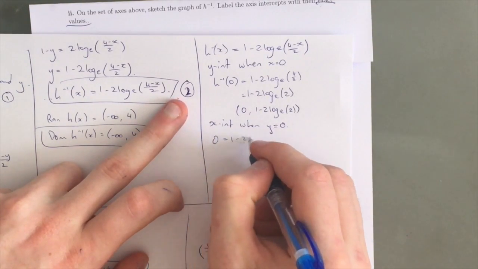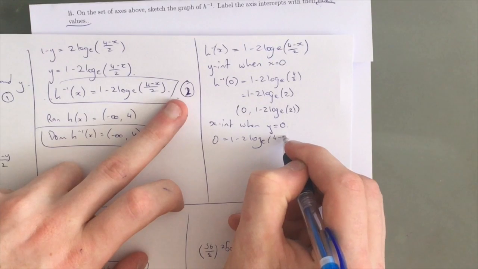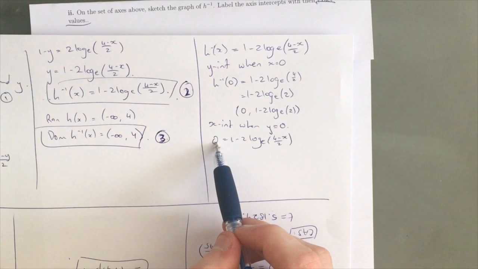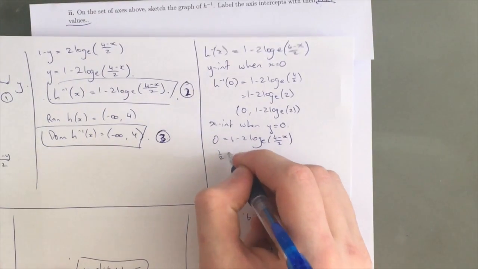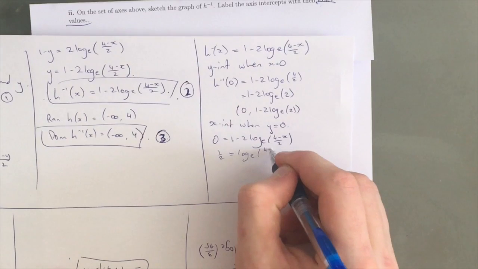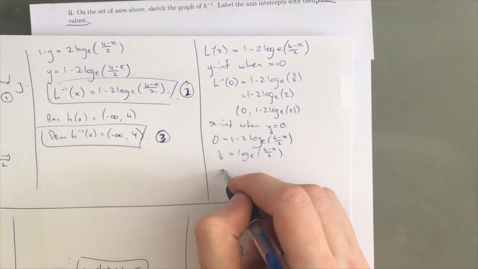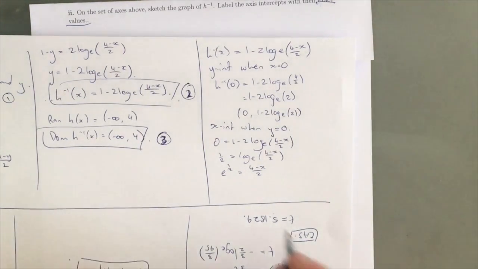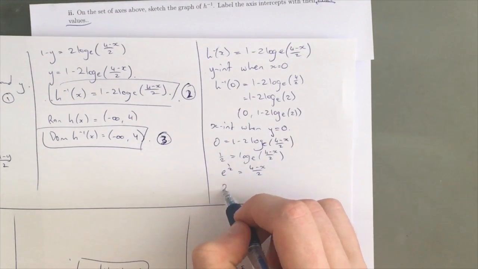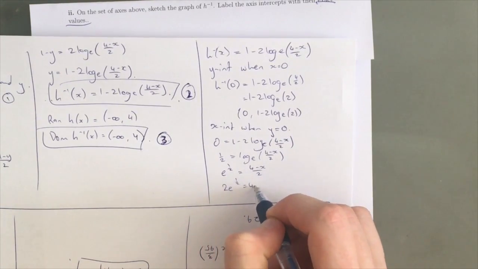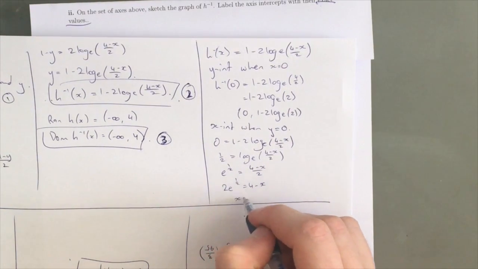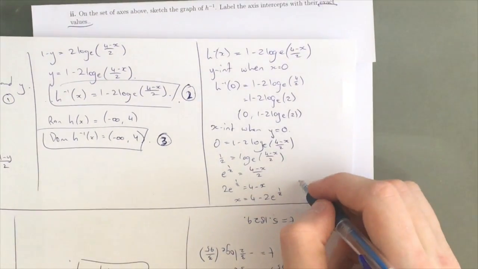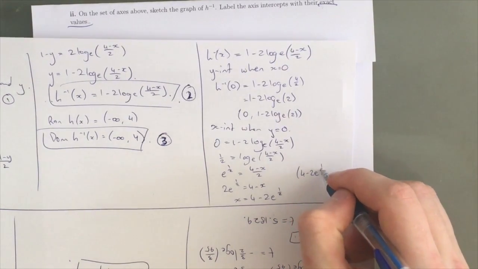So 0 equals 1 take 2 log e of 4 take x over 2, which means we take 1 from this side and divide by negative 2, which means we get 1/2 equals log e of 4 take x over 2, which means e to the power of 1/2 is equal to 4 take x over 2, which means that 2e to the power of 1/2 is equal to 4 take x, which means x is equal to 4 take 2e to the power of 1/2, making our x-intercept 4 take 2e to the power of 1/2, 0.